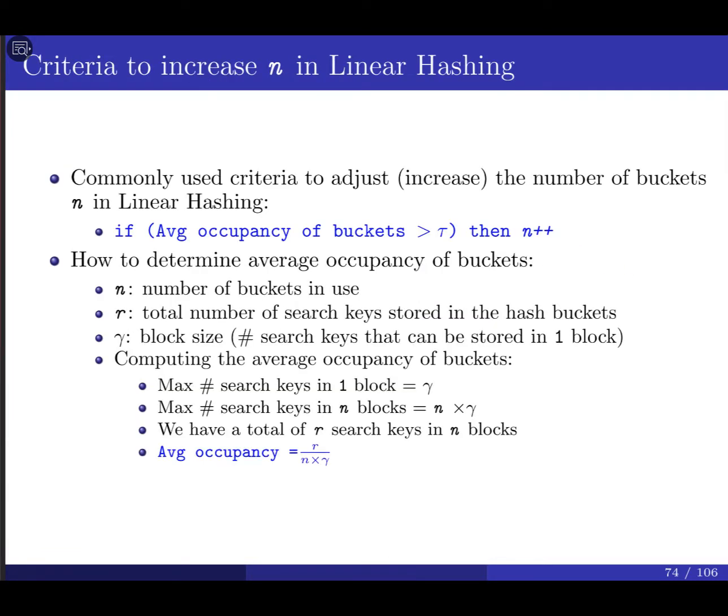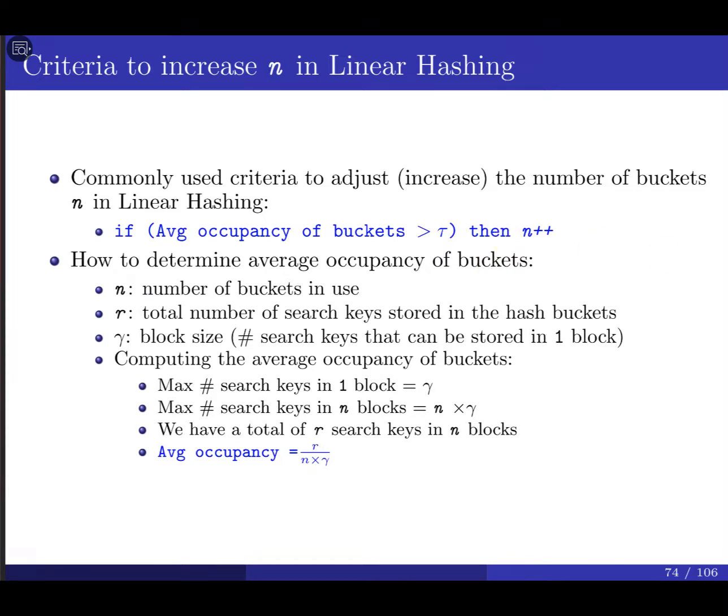Now, one important question here. How can you decide when I need to increase the value of n by 1, or add another bucket? Remember I said the average occupancy? That means, for example, if the average occupancy of the buckets is greater than the threshold, then in this case we must increase the value of n by 1.